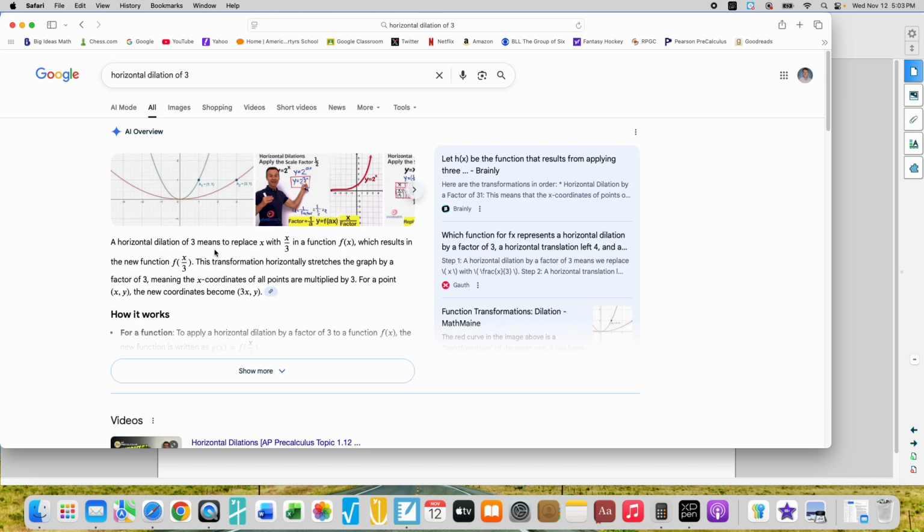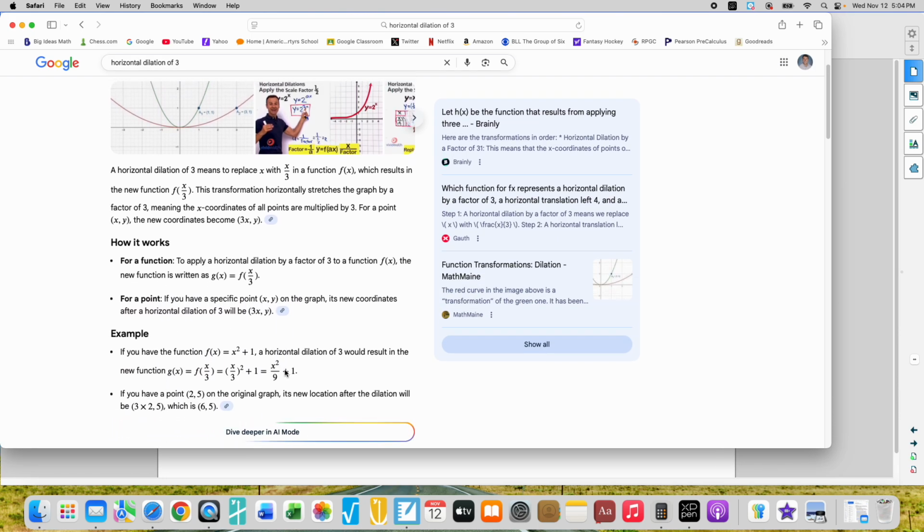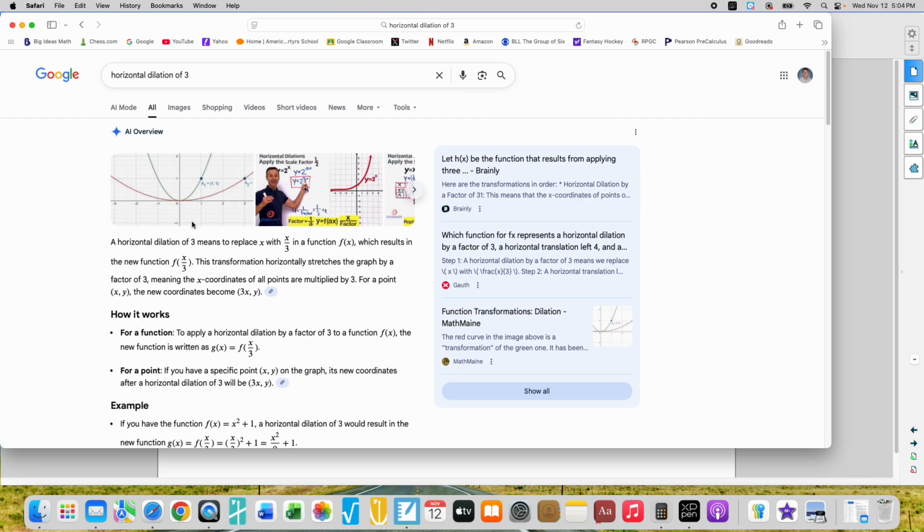Horizontal means that replacing x with 3x in a function results in a new function that horizontally stretches the graph by a factor of 3, meaning the x values are multiplied by 3. So, okay. But dilation is the correct word I'm looking for. And it just needs to be horizontal and vertical.